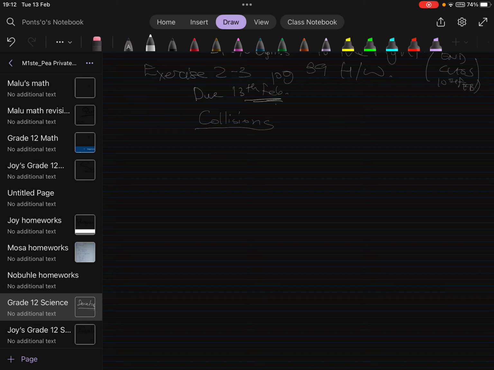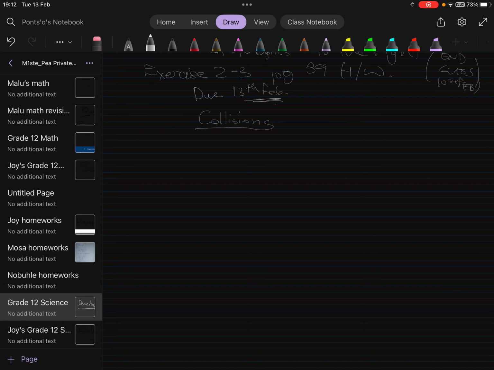All right. We're going to start with collisions. So let's think about a scenario where we're playing pool, right? We're left with the cue ball and the black ball on the pool table, and we now have to study that as some form of collision.